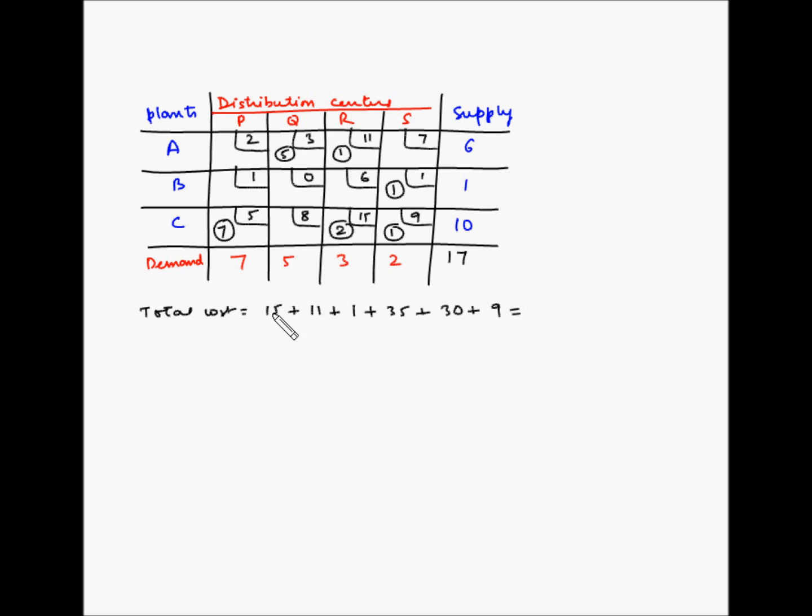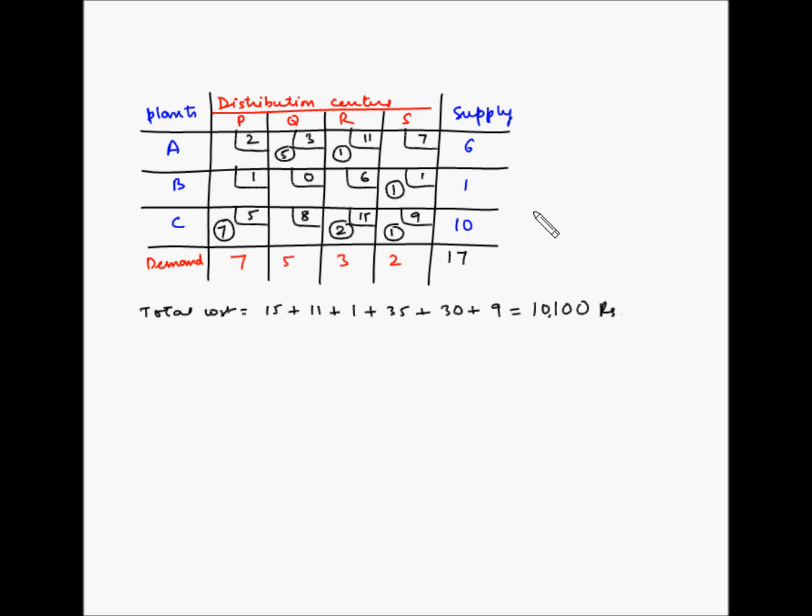So this is 15 plus 11 is 26 plus 1 is 27 plus 35 is 62 plus 30 is 92 plus 9 is 101. Now again the unit cost is expressed in terms of hundreds. So we'll multiply this by 100. So the total transportation cost is 10,100 rupees.